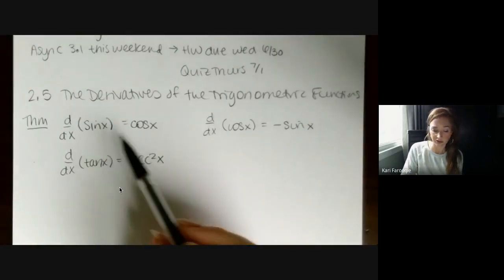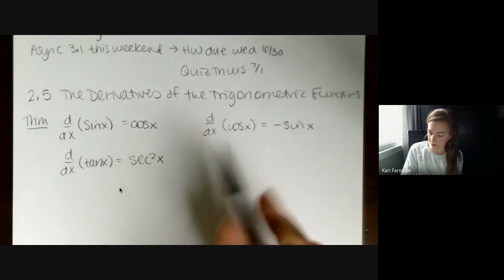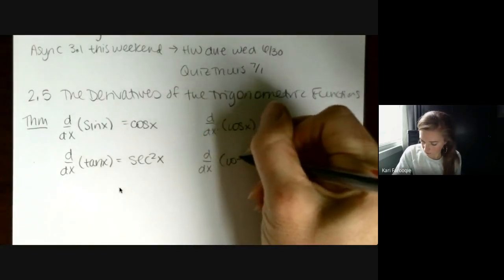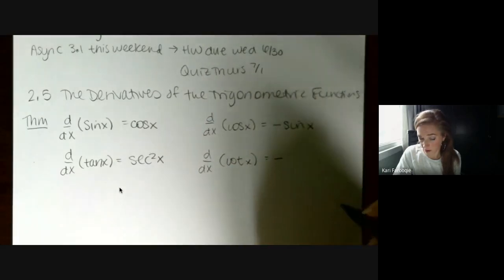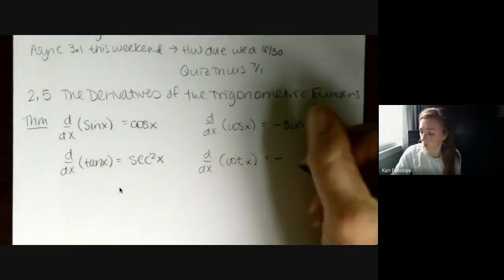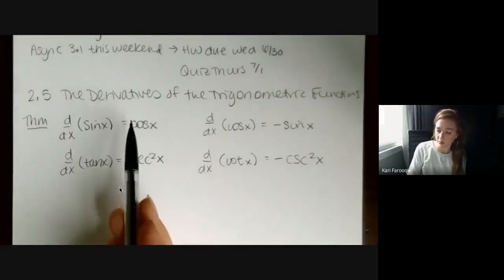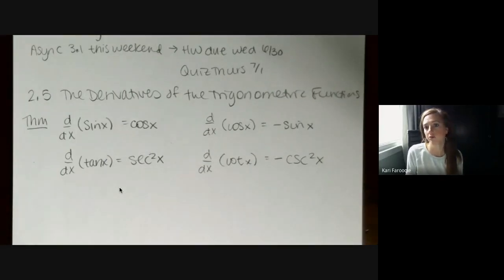So if the derivative of sine was cosine and the derivative of tangent is secant, well, the derivative of cotangent is going to be negative because it's a cofunction. And then instead of secant, it will be cosecant squared x. So in a lot of cases, as long as you remember the function on the left's derivative, you'll be able to easily get the function on the right's derivative.